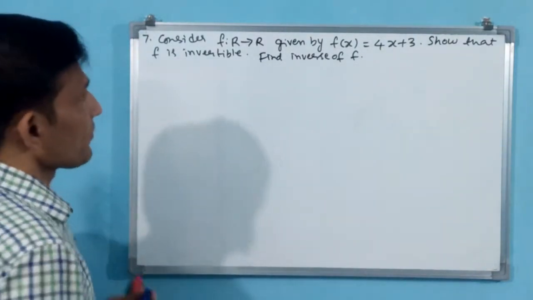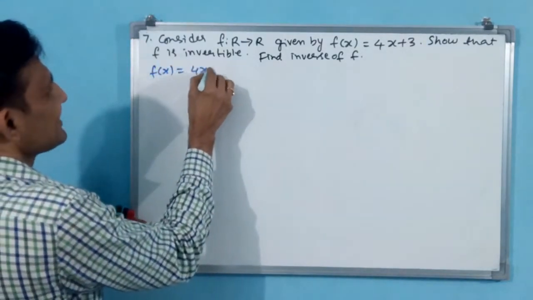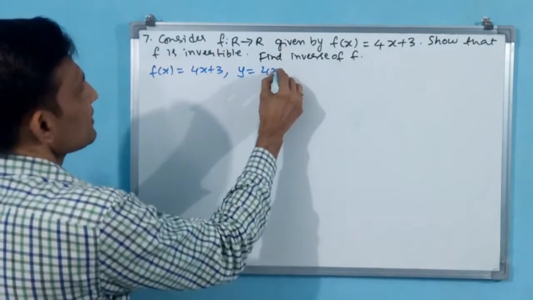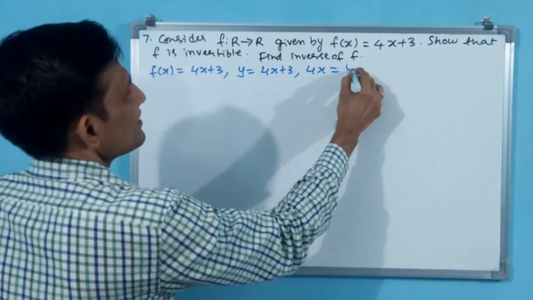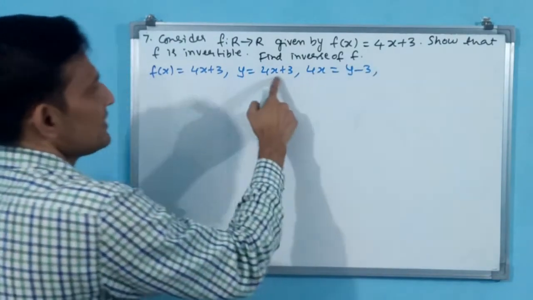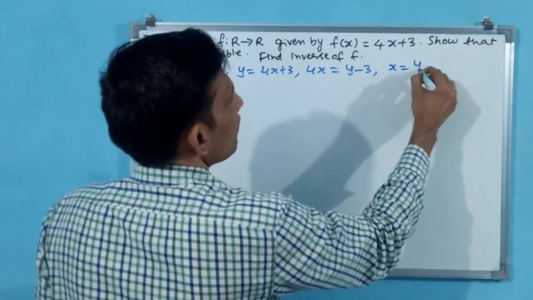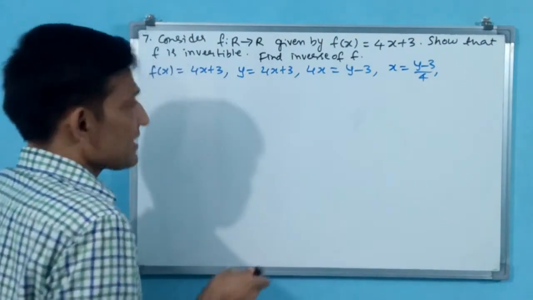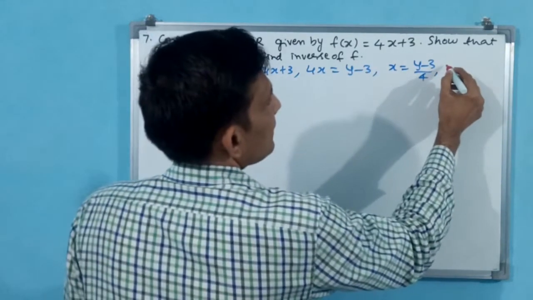Now I am writing like this. F of x is equal to 4x plus 3, y is equal to 4x plus 3, 4x is equal to y minus 3, see, 3 I have sent this side. X is equal to y minus 3 by 4, now I am writing this as G, Gy.